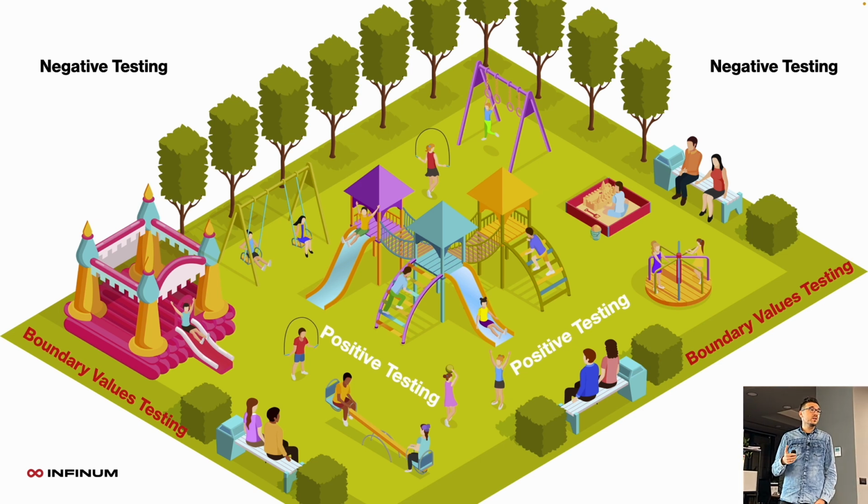On the edges, on the boundaries of this park, there is the boundary value testing, where the parents are sitting and waiting for the children to be done with their playing. Everything outside this playground can be seen as negative testing.